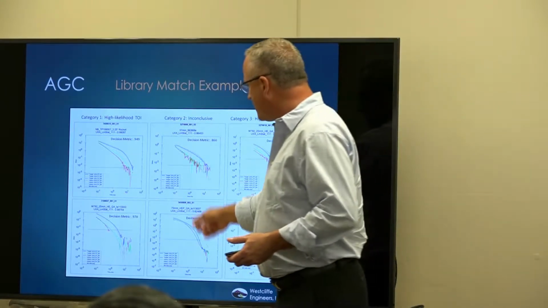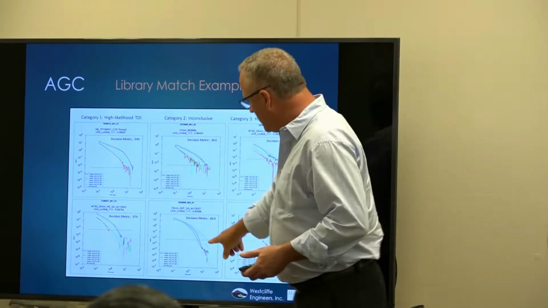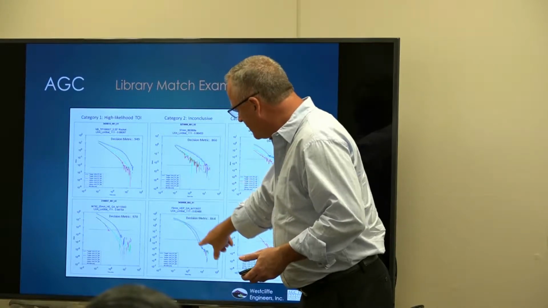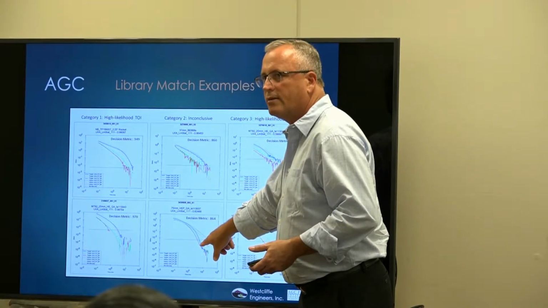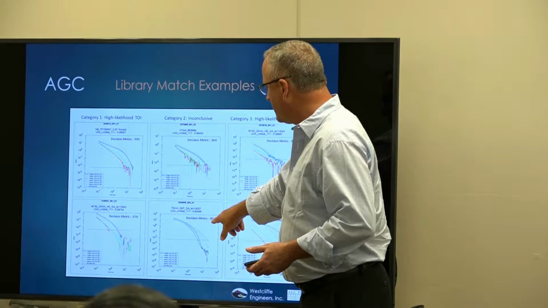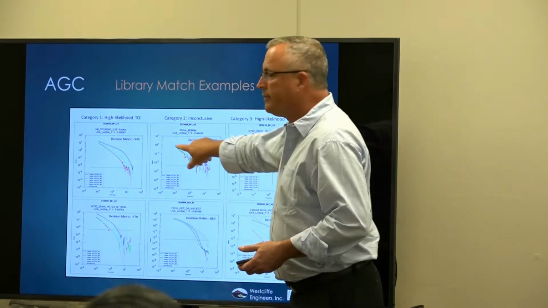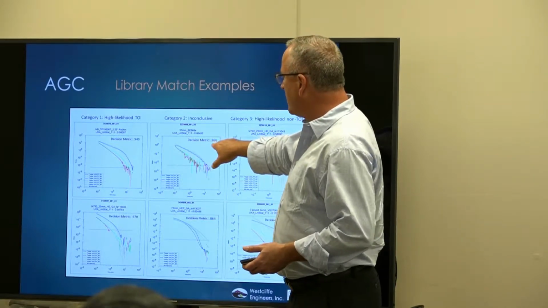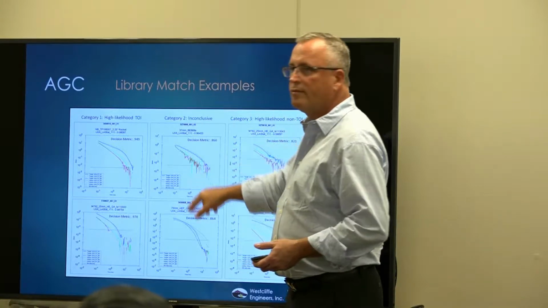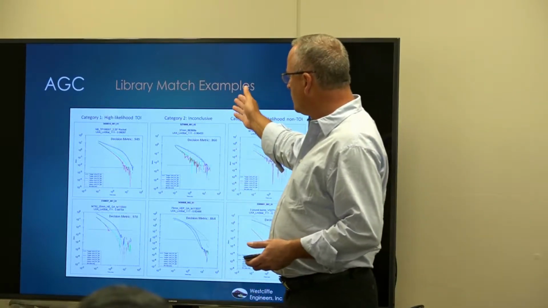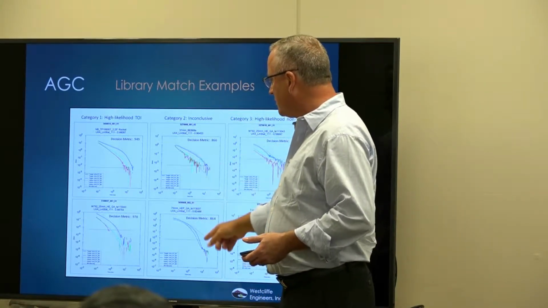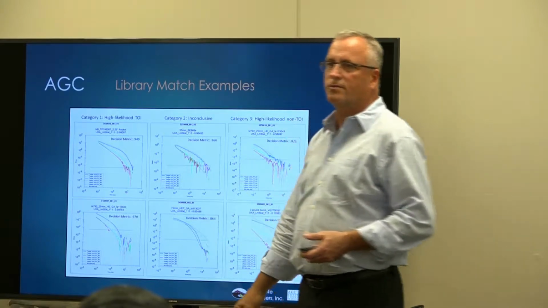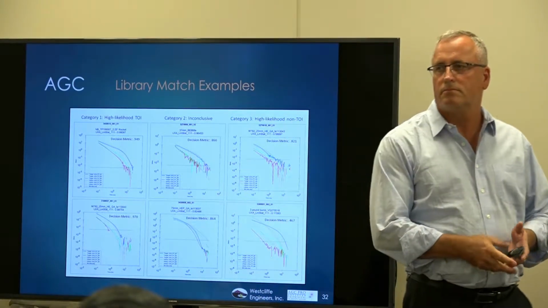In here, this is the tricky one. This isn't indicative of any kind of target, but its decision metric is similar to this one. This one has a degraded decision metric because of the noise. So we have to put the threshold low enough to capture this, even though we're going to capture a lot of those.